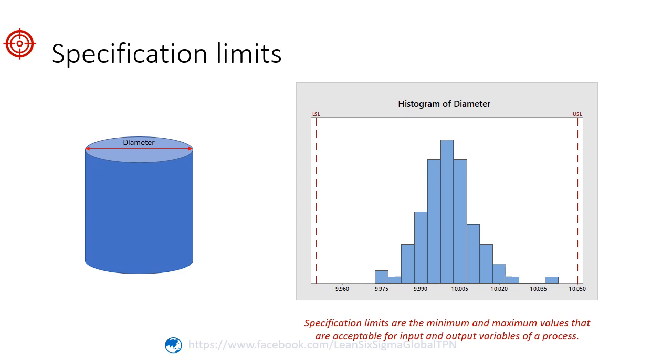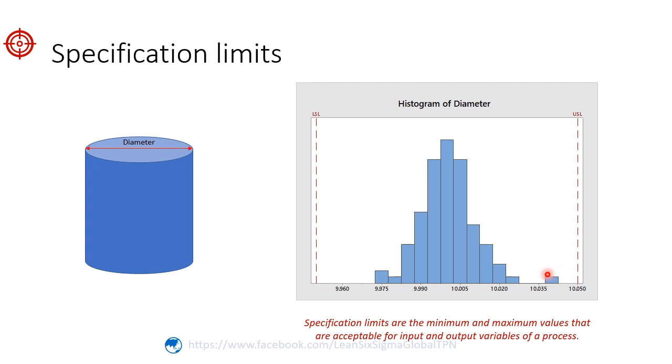Recall ABC company from chapter 4. They manufacture parts to have a 10-inch diameter. Due to variation in the process, each part's diameter isn't 10 inches exactly, but as long as the diameter of a part is between 9.95 to 10.05 inches, it will fit the customer's requirements.